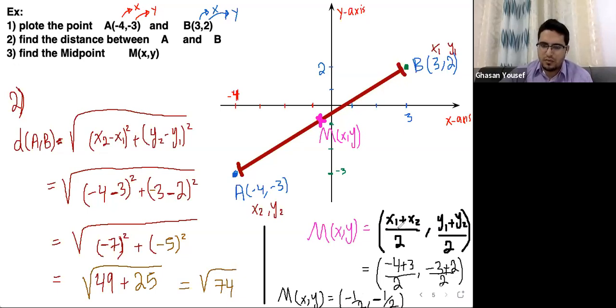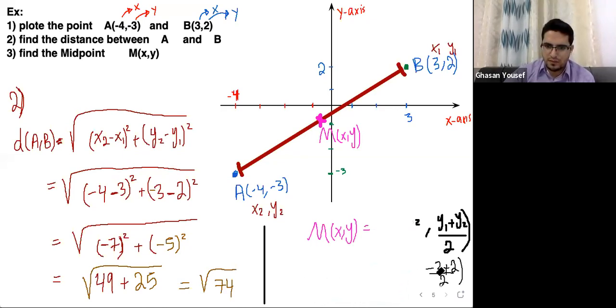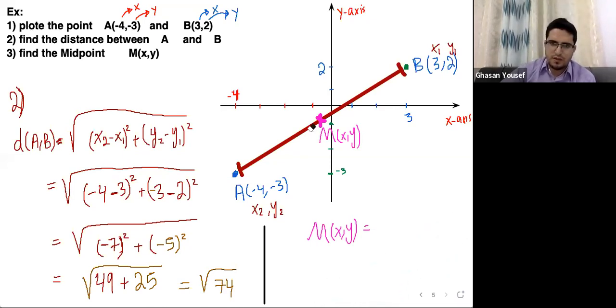Again, you use the formula. Let me do it fast because it goes down. I think some students cannot see what I write down here. First of all, like Amr said, you have to write the formula: x1 plus x2 over 2, comma y1 plus y2 over 2.